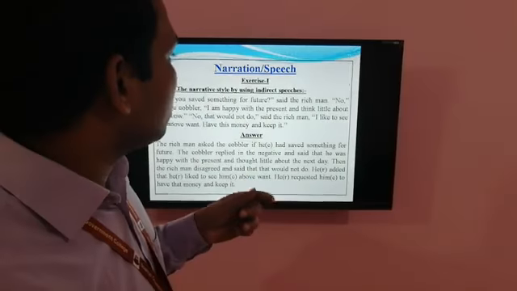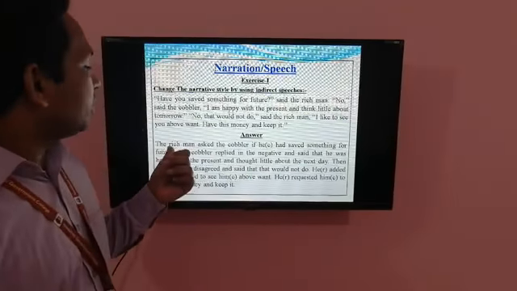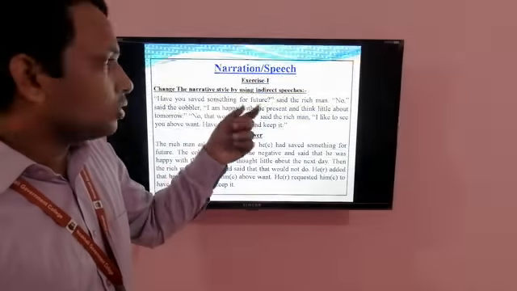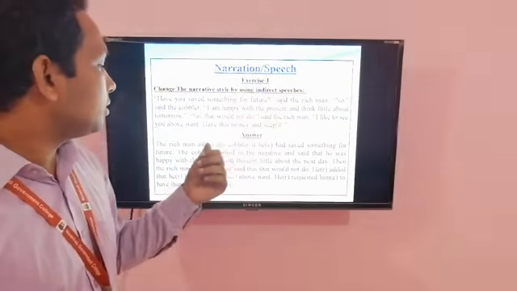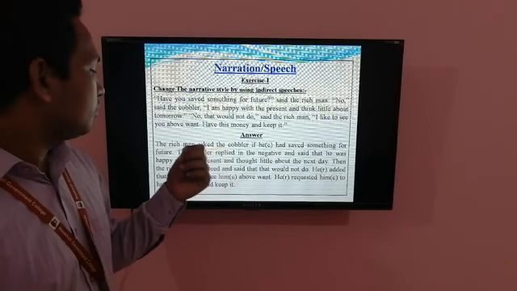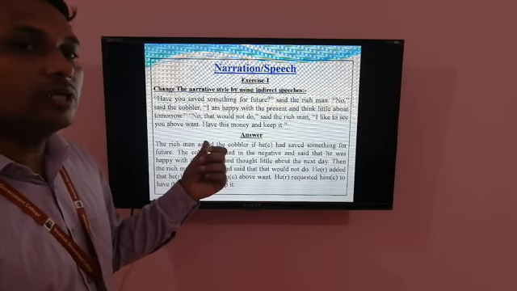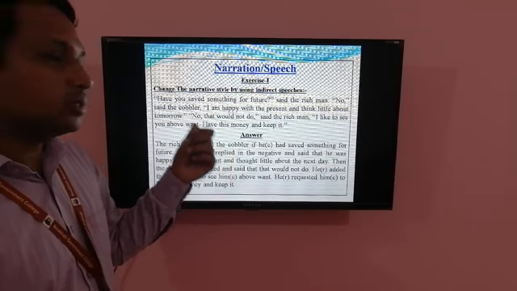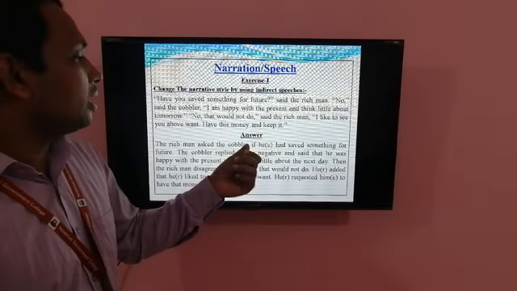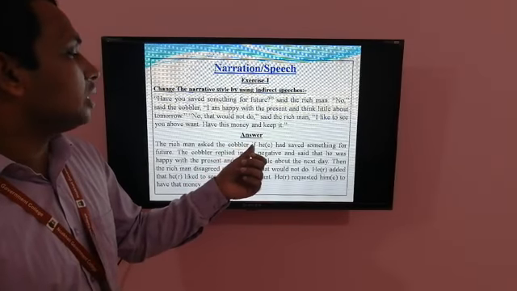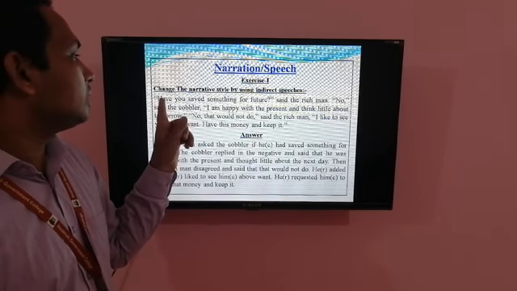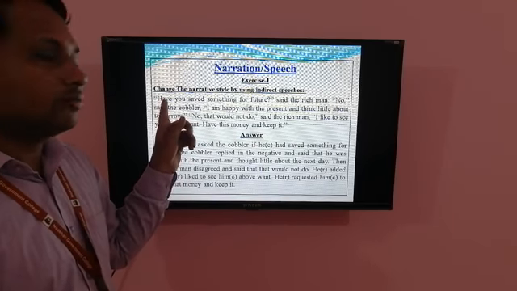So our answer will be like, the rich man asks, as it is a question, we have to replace "said" with "asked". The rich man asks the cobbler. The "asked" will immediately be followed by the object, the cobbler, and the object will be followed by "if" as the question is made with an auxiliary verb.